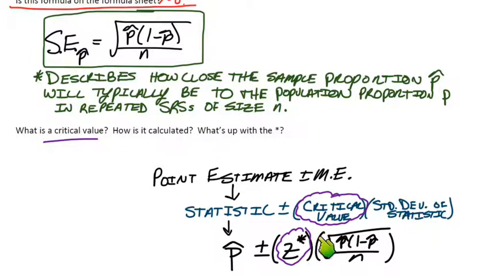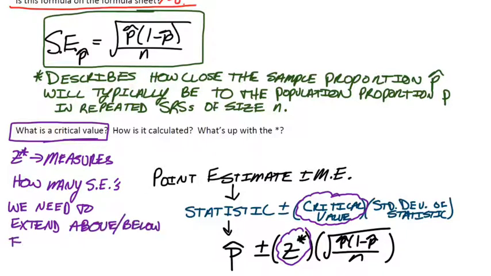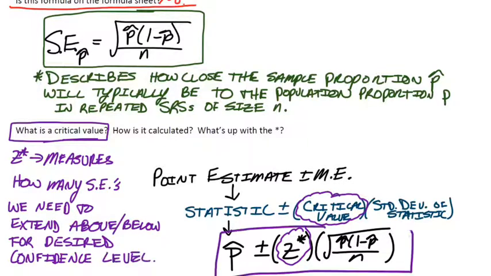So this critical value really sets up your confidence level. Z star itself measures how many standard errors we need to extend our interval above or below for our desired confidence level. So a rough estimate, right, a 95% confidence level would be plus or minus 2 standard deviations.